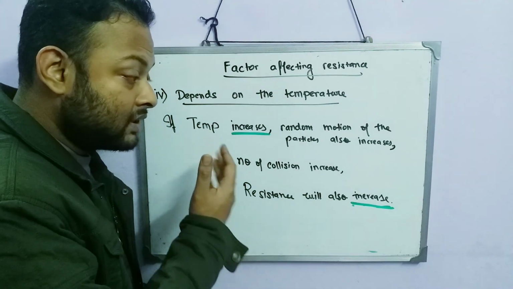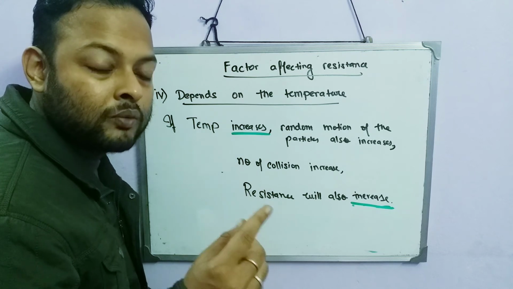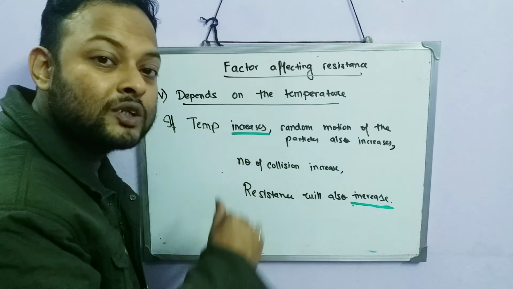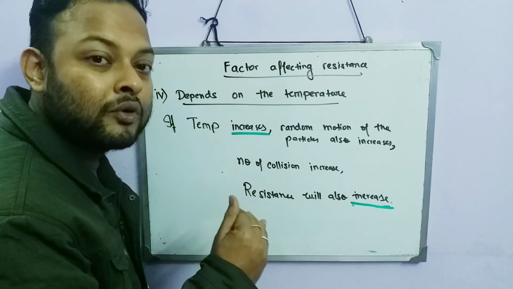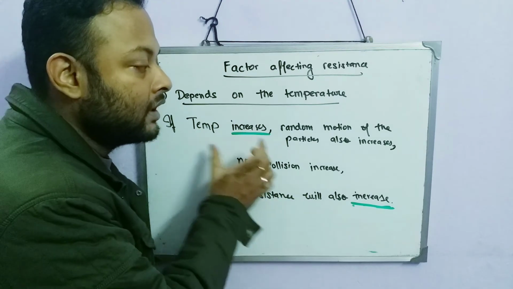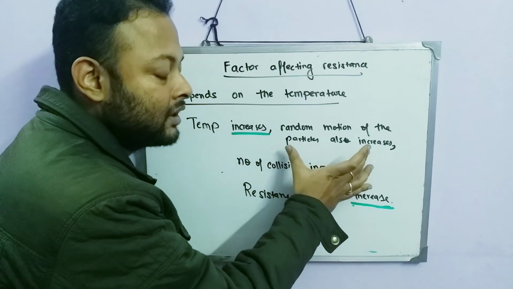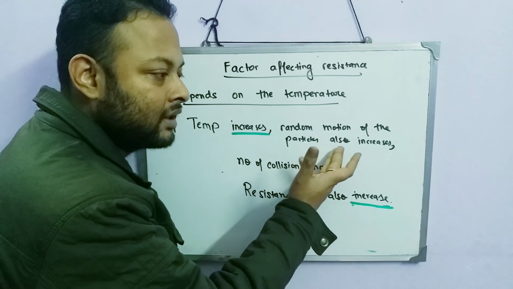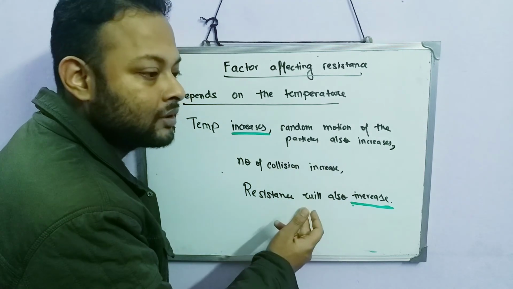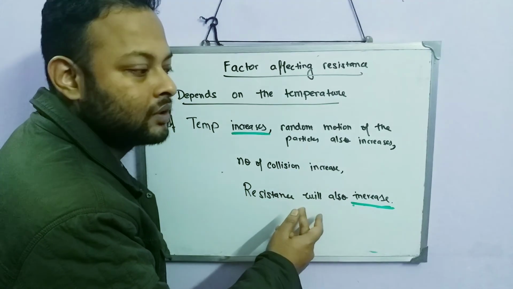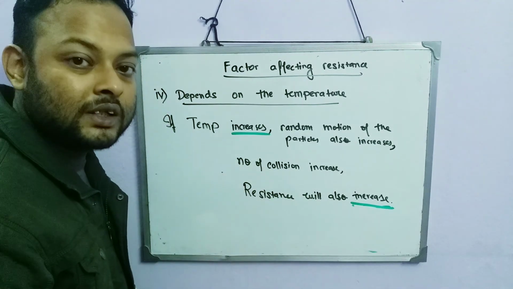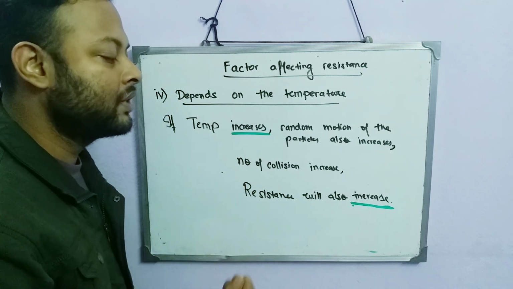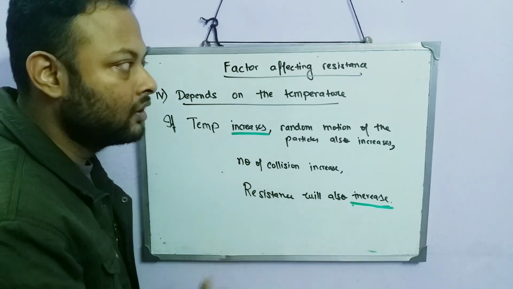We will discuss in superconductors, when we study superconductors, that the temperature decreases so much, near about absolute zero, that the particles have almost no vibration, and if the particles have no vibration, the resistance becomes almost equal to zero. We will discuss that in superconductors. Anyways, you understood this part: when the temperature increases, resistance also increases.